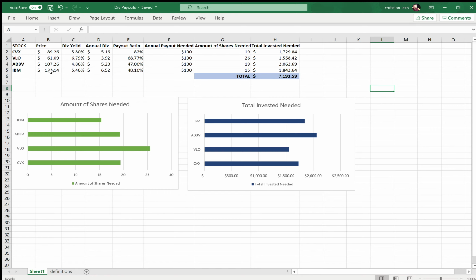Just remember, the higher the price, the more you will need to invest. Usually, for example, Apple, I think they pay 82 cents in dividends, and their price is higher than all these stocks right here. They're about like 120, 126, somewhere. Let's find out exactly.